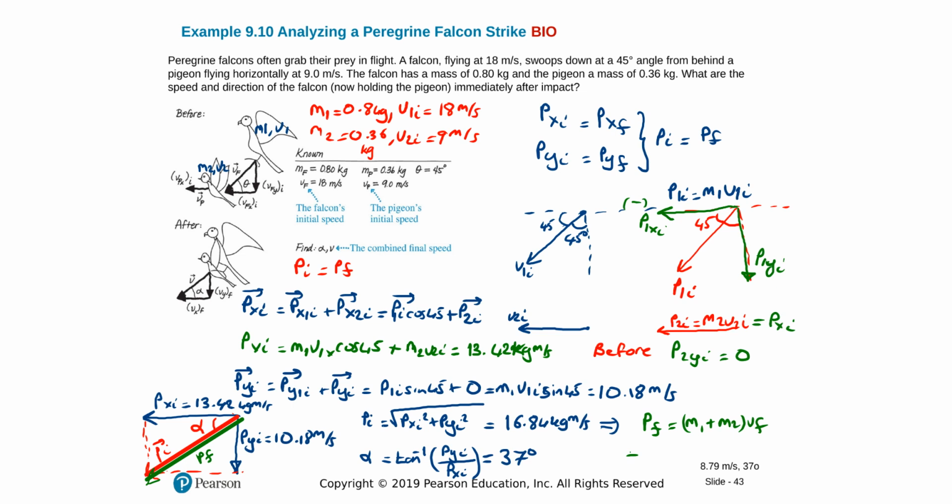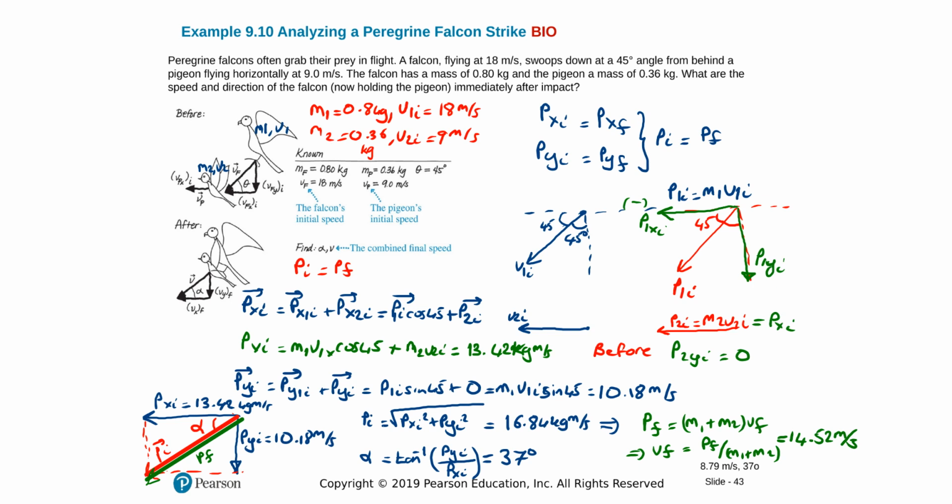So V final will be equal to final momentum divided by the masses added, and that will give you your value of final velocity, which should be about 14.52 meters per second.